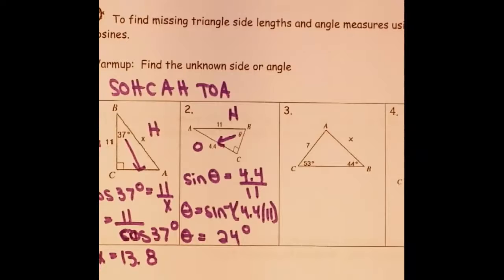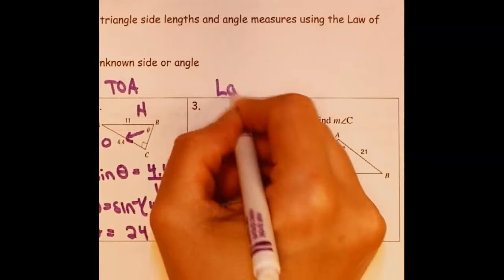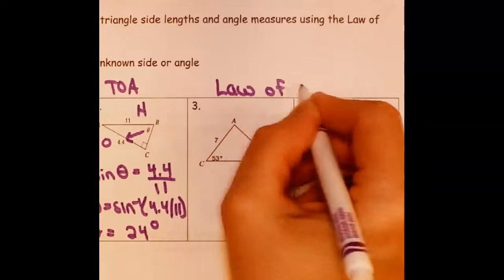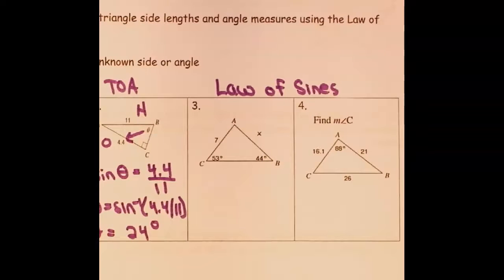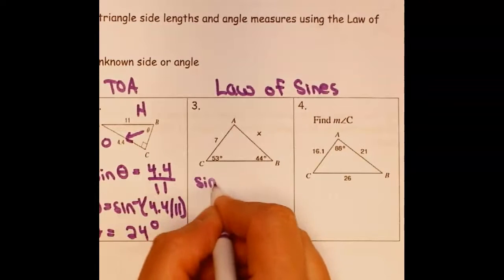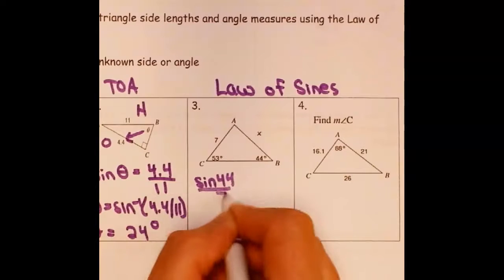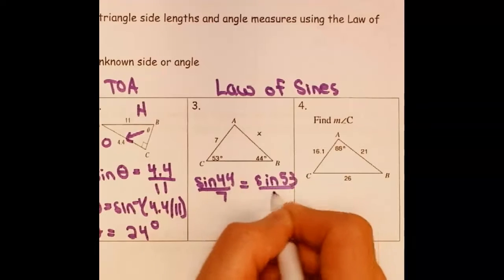Then yesterday we added on what happens if they're not right triangles, which is the case for number 3 and number 4. If they're not right triangles, so far all we know is we can use the law of sines, which is the sine of an angle divided by its opposite side has the same ratio. So sine of 44 over 7, sine of 53 over x.